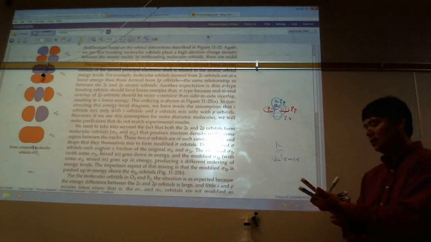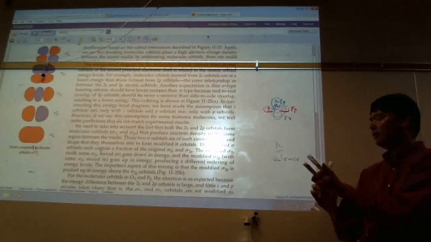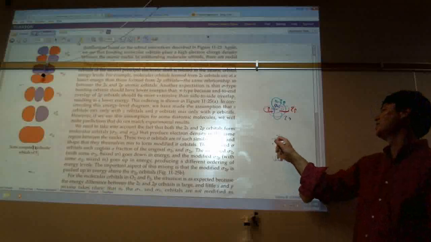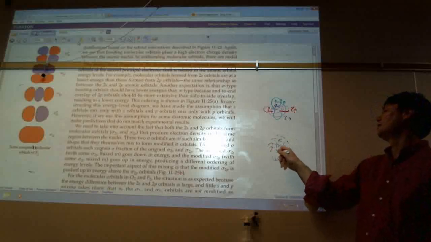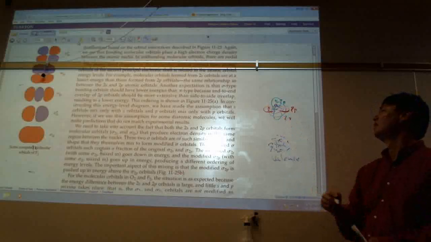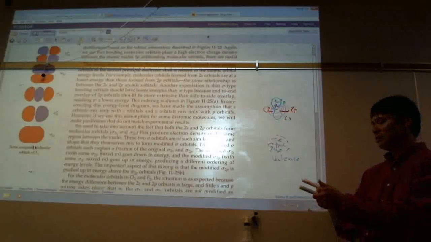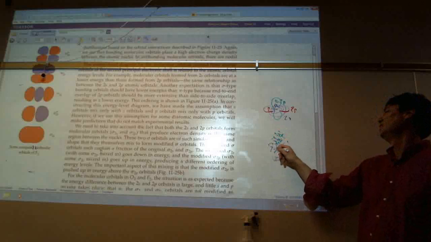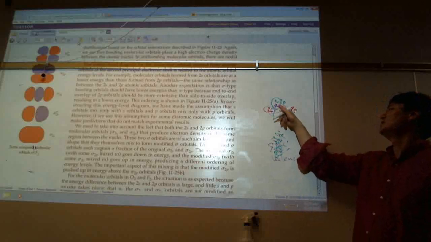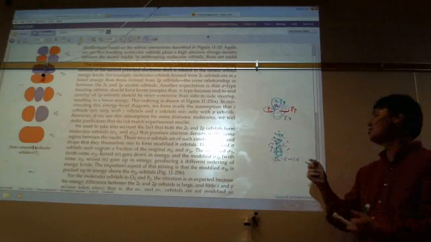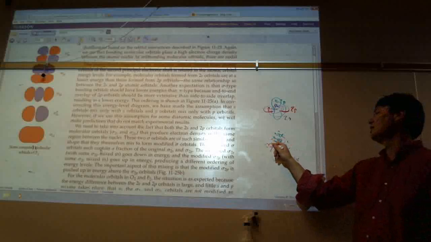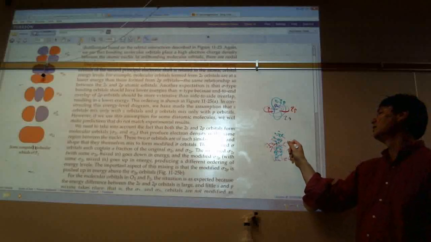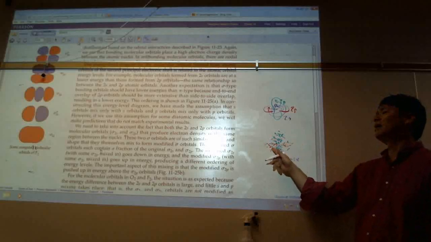And then when you look at the electron density map, we have 2s electron density here. That's what we call the 2s. It's this sphere here. And then we have 2p electron density here. That's the green 2p. And then we have 2p electron density here, but it's only 1 electron's worth. That's the red here.